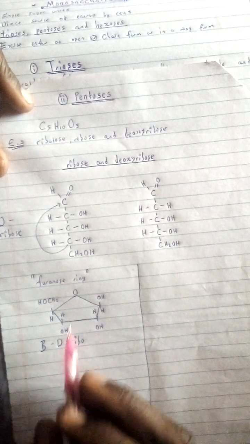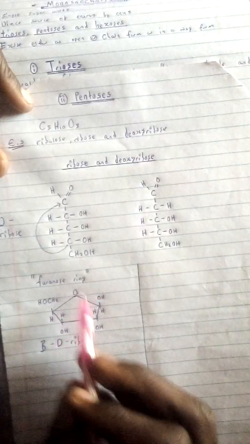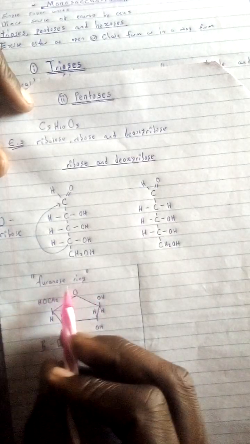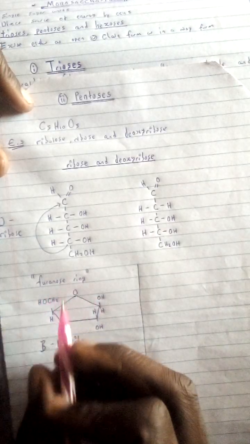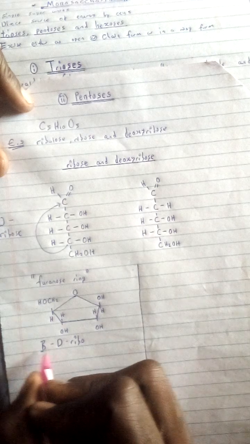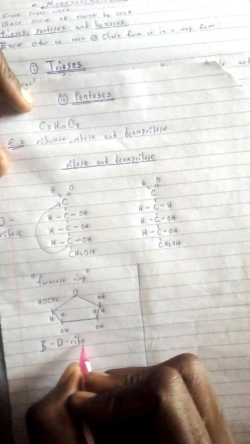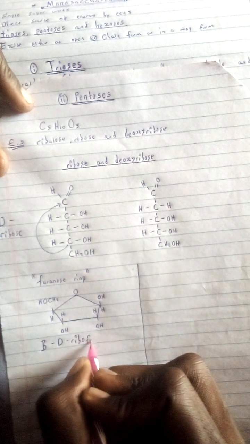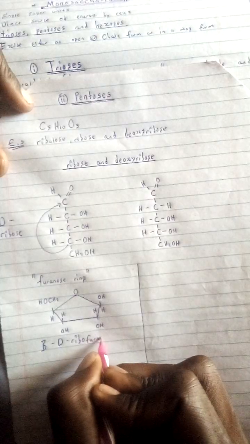What is the type of ring that is being formed? It is the furanose ring. So it will be beta D ribofuranose.